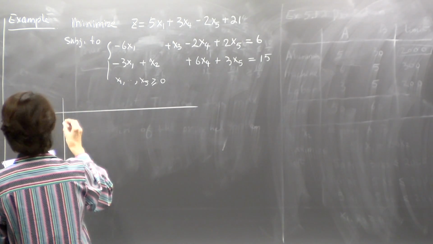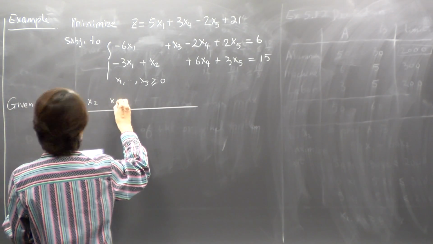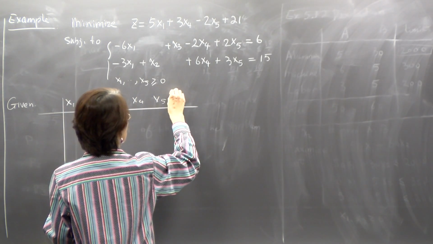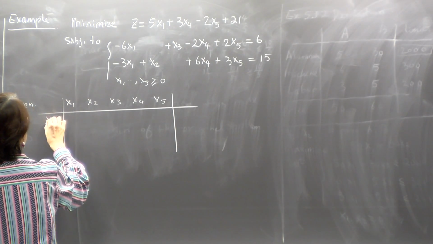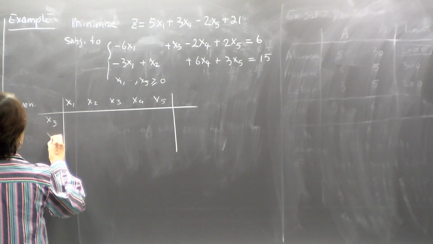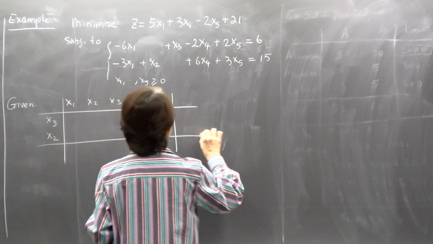So let's take the initial tableau. You see that x3 is the basic variable, and x2 also, for the initial tableau.